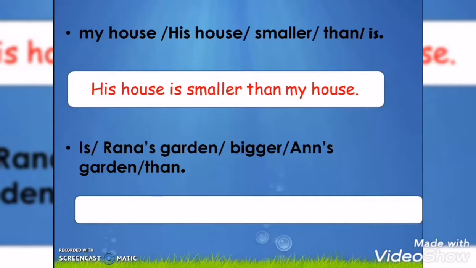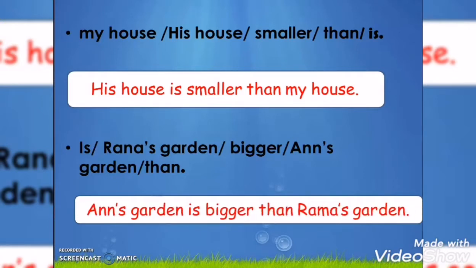For the adjective word, I should add er, and then the other word, which is the compared one. So how can I arrange this sentence? I can start with Rana's garden is bigger than Anna's garden, or I can write Anna's garden is bigger than Rana's garden. Either one, because I'm comparing two things.